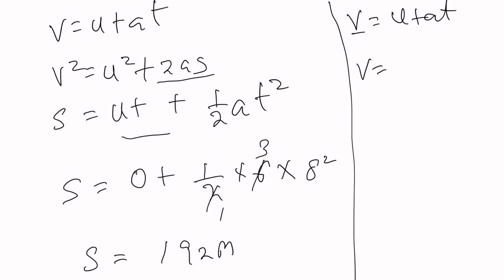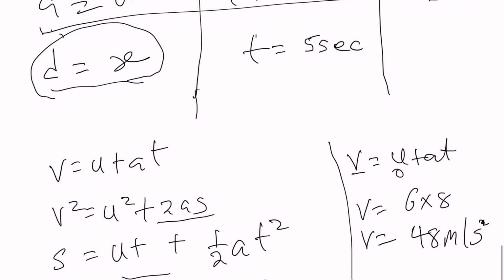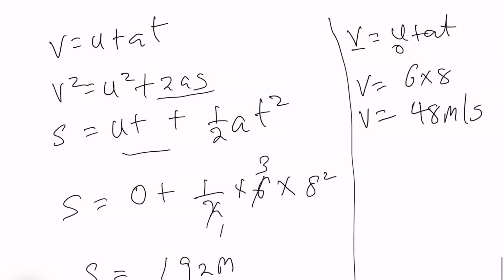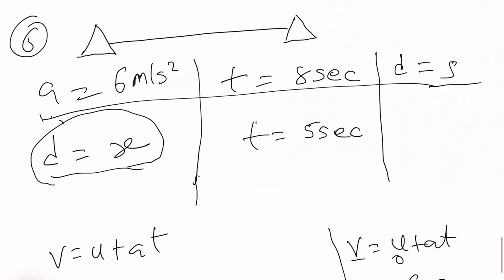So v equals, we were given a, 6 times 8, since u is 0, right? So final velocity is 6 times 8. This is 48 meters per second. Per second, not squared, sorry. Okay, so we got our final velocity, and we got distance traveled. Now we are looking for the deceleration at this time.